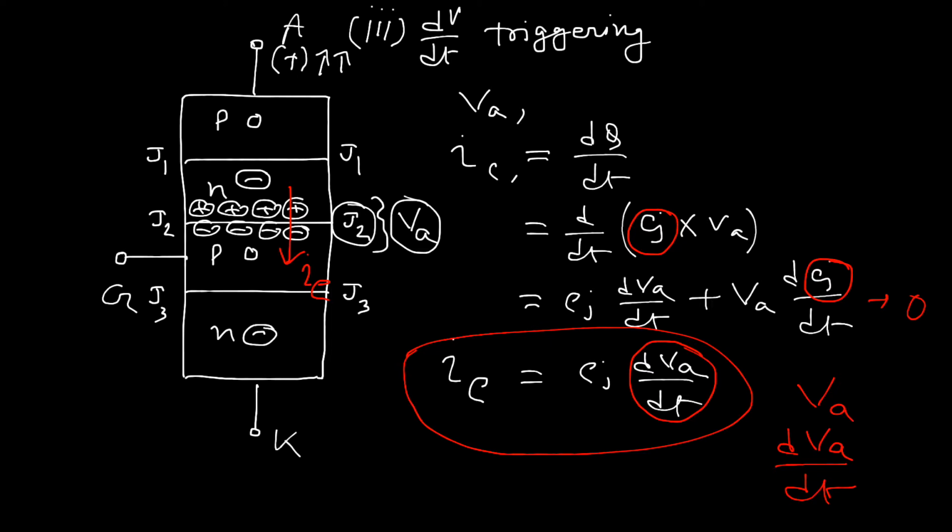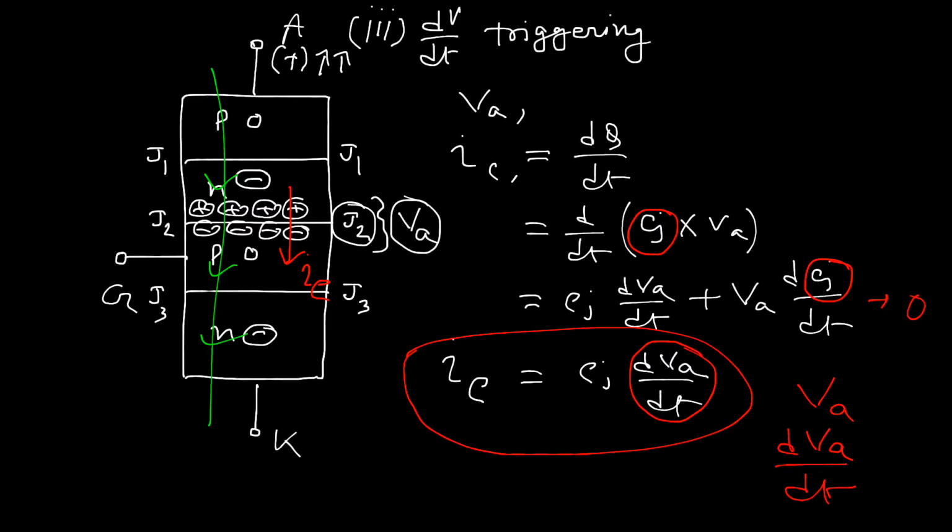That is why we can say it behaves like a gate, but we are not using any gate signal; we are only changing the anode voltage suddenly or very frequently. It behaves like gate triggering. Then the thyristor starts conducting without any disturbance, and current easily conducts from anode to cathode. So this is all about dV/dt triggering.